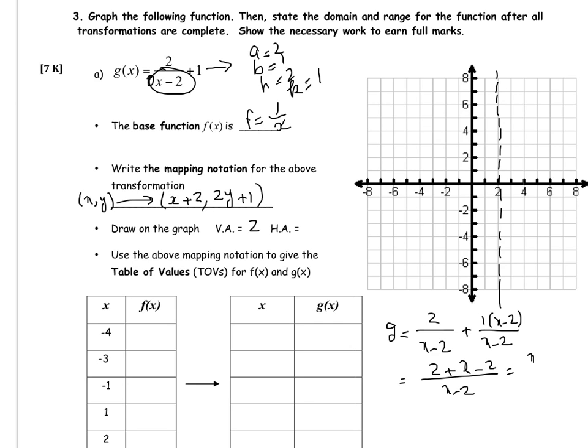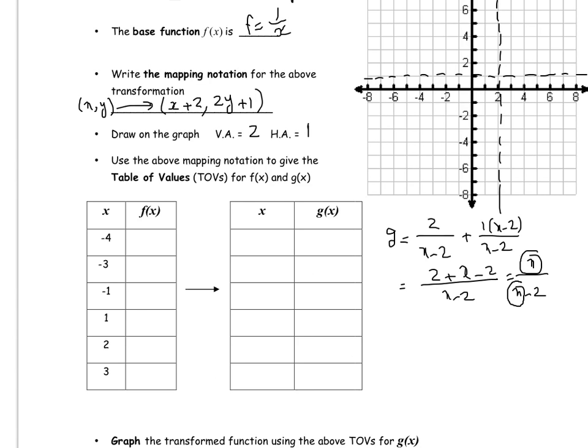This gives me x over x minus 2. Now, to find the horizontal asymptote, I let x go to infinity. The term which contributes the most in the numerator is x, and the one in the denominator is also x. x over x gives me 1. So this means the horizontal asymptote is 1, which is this line here.